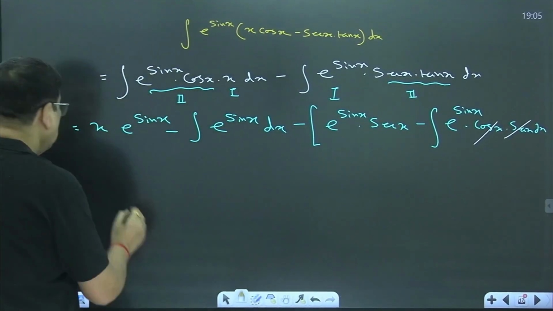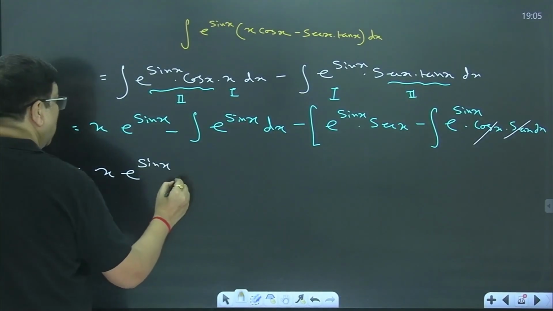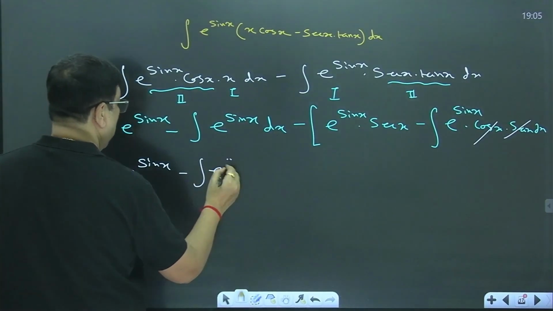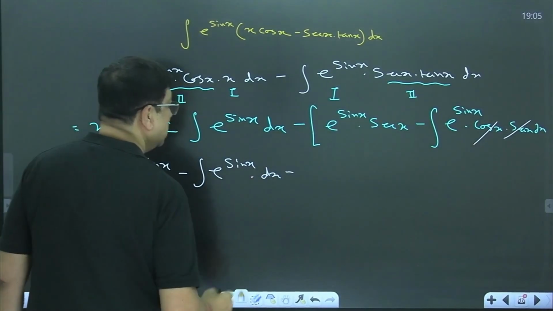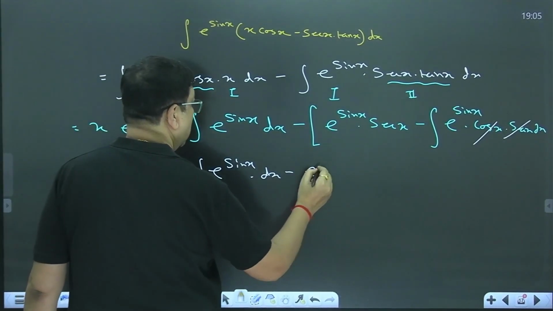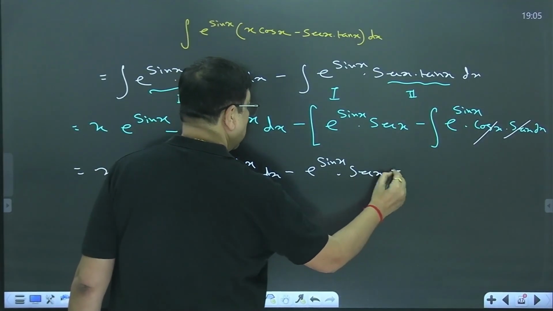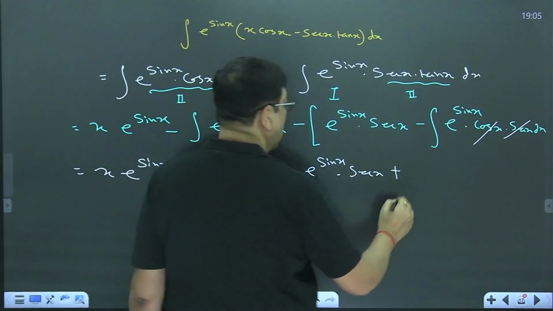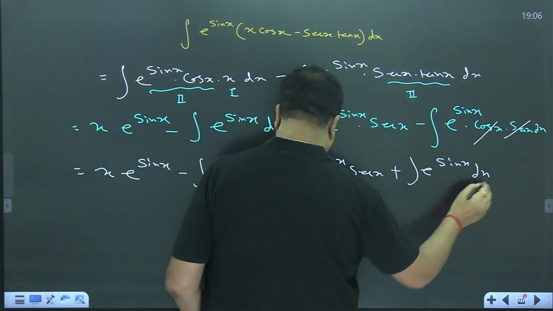Okay, I am writing one more step. x e to the power sin x minus integral of e to the power sin x dx minus e to the power sin x into sec x, minus minus plus integral of e to the power sin x dx.